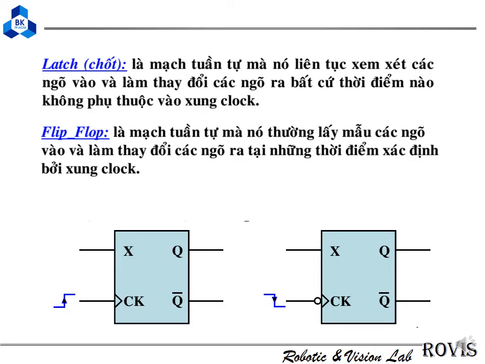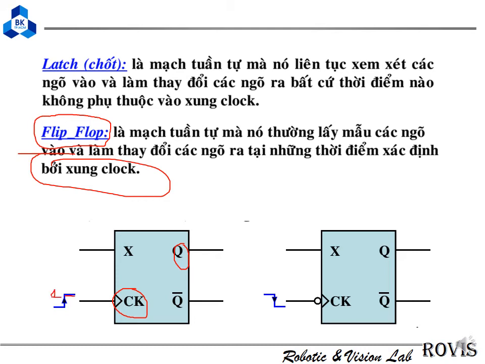Okay, and another sequential logic circuit we call the flip-flop circuit. As I already said before, the flip-flop circuit changes the state of the Q value based on the clock. The clock we call CK here.